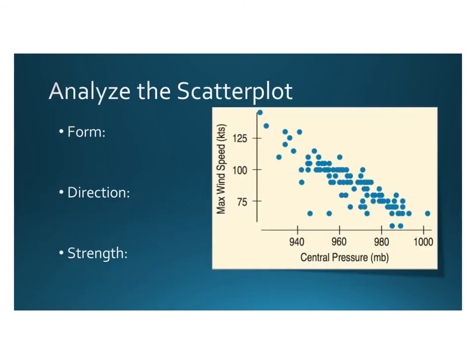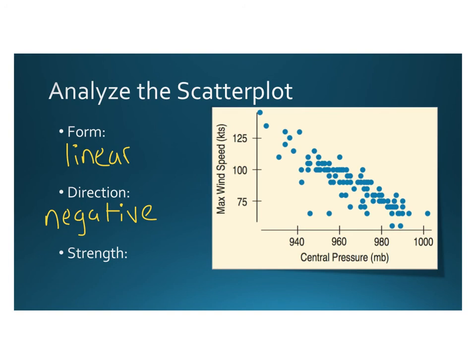Okay, and in our last example, we're going to practice analyzing the scatter plot. And if we wanted to have a word for form, what would you say here? Hopefully, you're thinking that this graph is linear. Direction. Hopefully you notice that the direction of this scatter plot is negative.